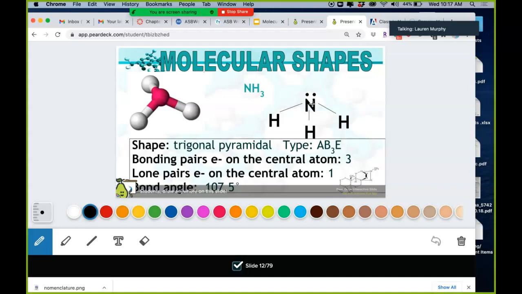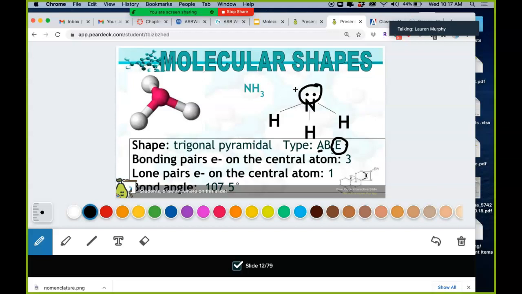And now we call this AB3E because there's a central atom, that's nitrogen, 3 things bonded to it, those are the hydrogens, and then E means a lone pair of electrons. That's what it stands for.